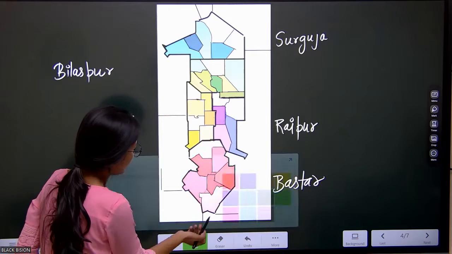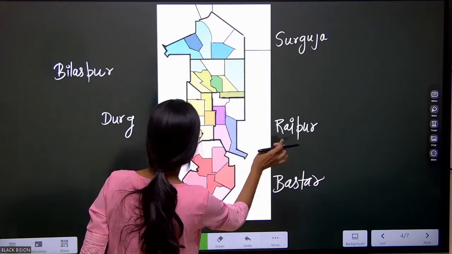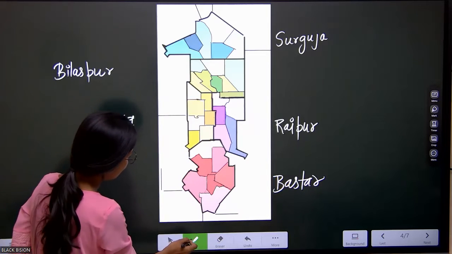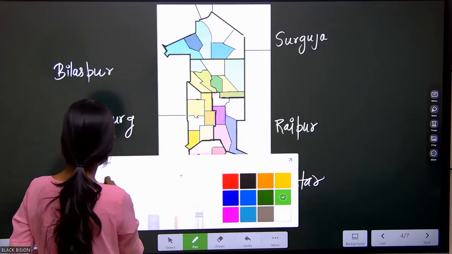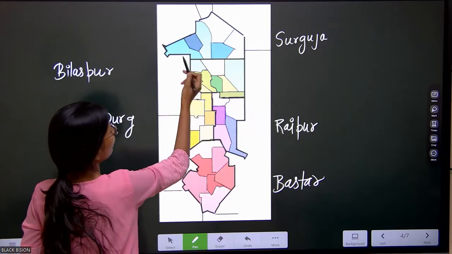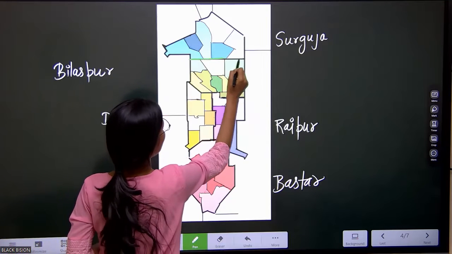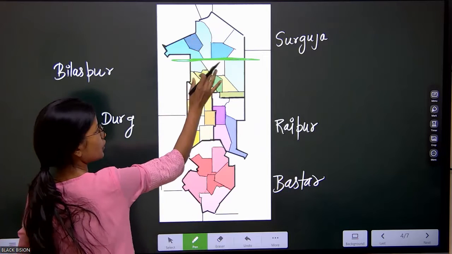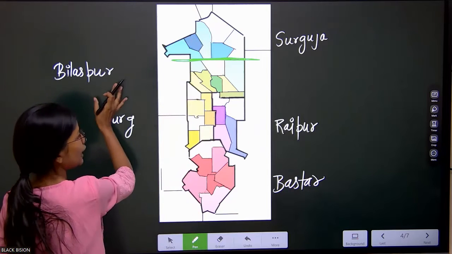Fine. Now, it is possible that some of the colors are not visible on your computer screen. So let me just simply classify them with a different color pen. See, this line demarcates the Surguja division from the Bilaspur. Okay.